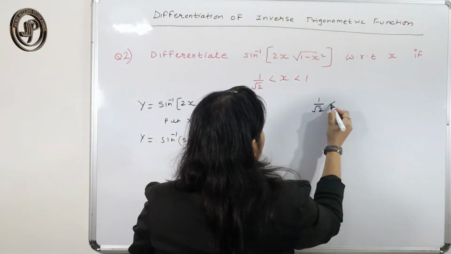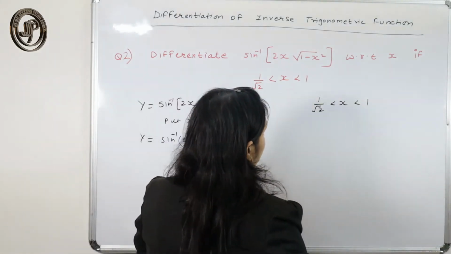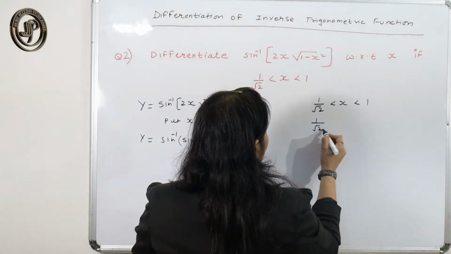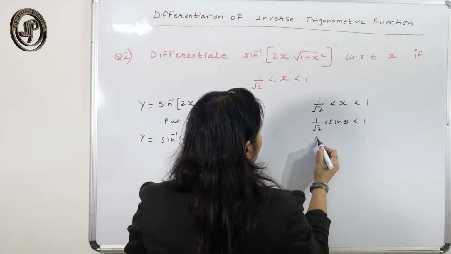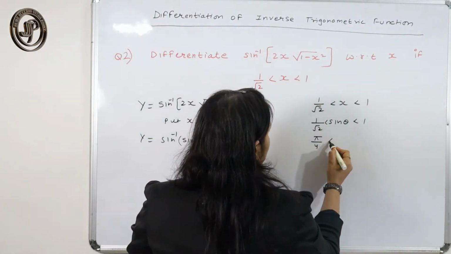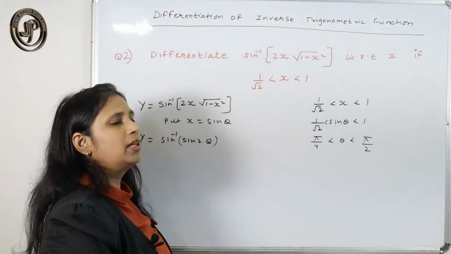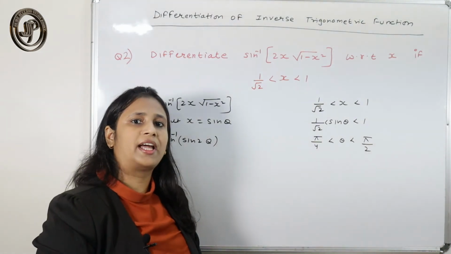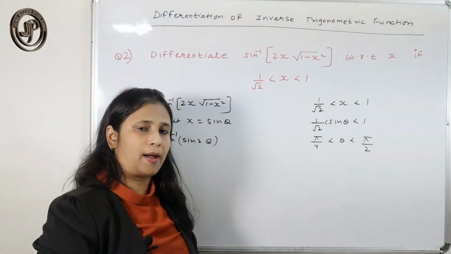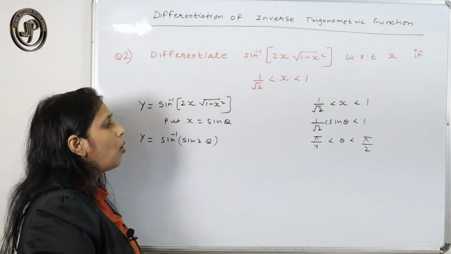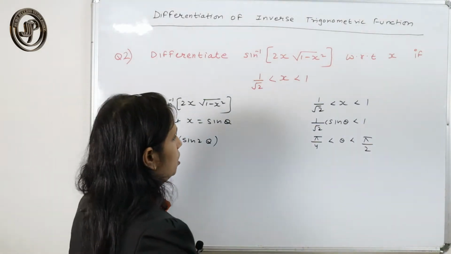So let's check. This is the range. What is the value of theta? You know that sine theta is 1 by root 2 when theta is 45 degrees or pi by 4, and sine theta is 1 when theta is pi by 2. So that is the range for theta, but we want it for 2 theta.